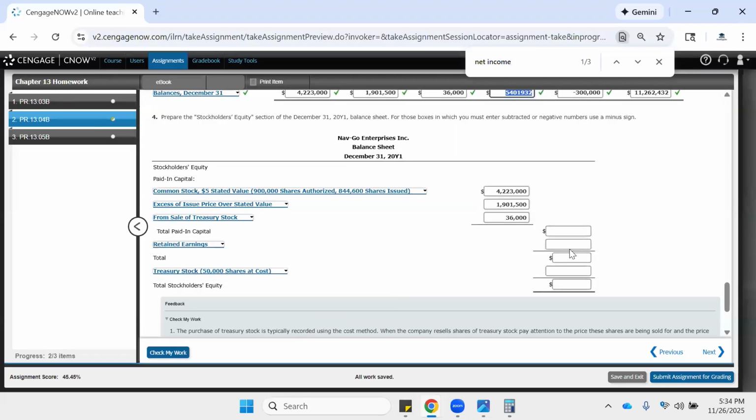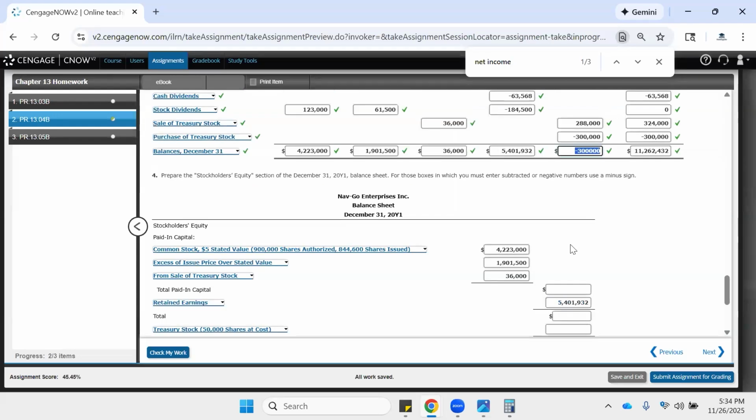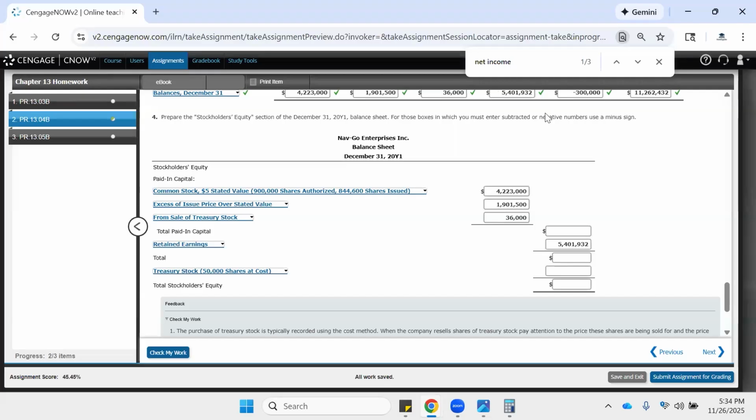And we just take our numbers and we just transfer them down here. And once again, it's telling us to use a negative sign, and it should tell us in all these transactions what to use.